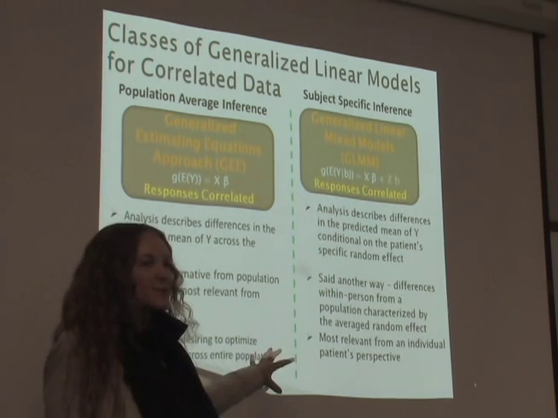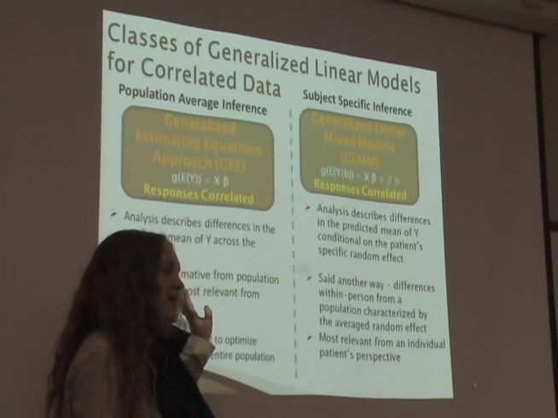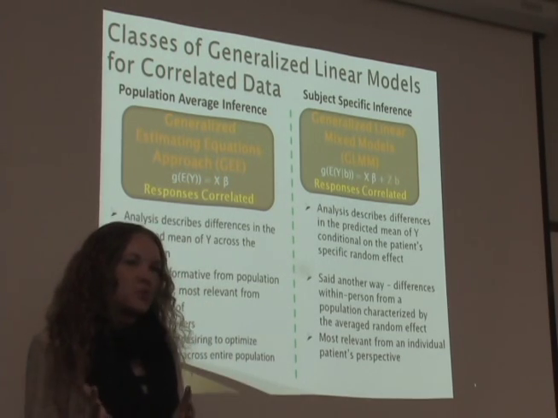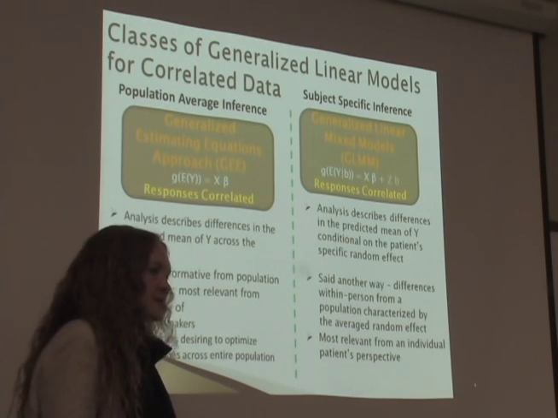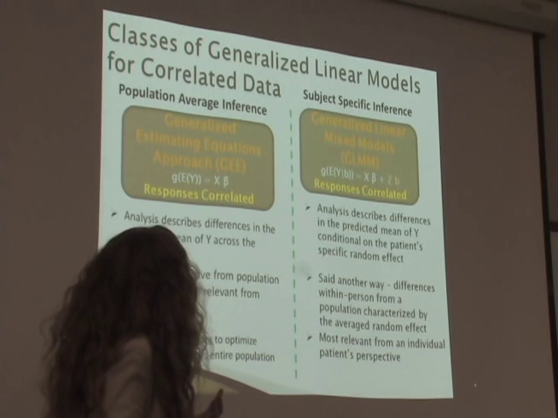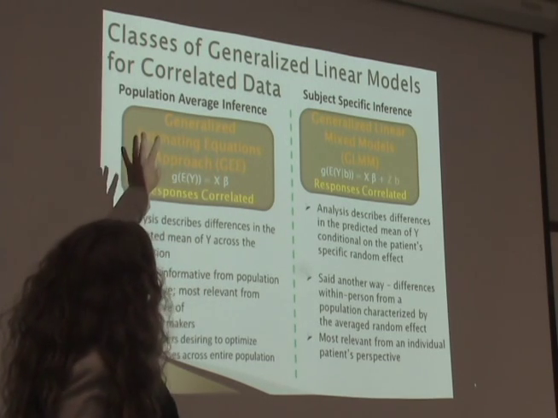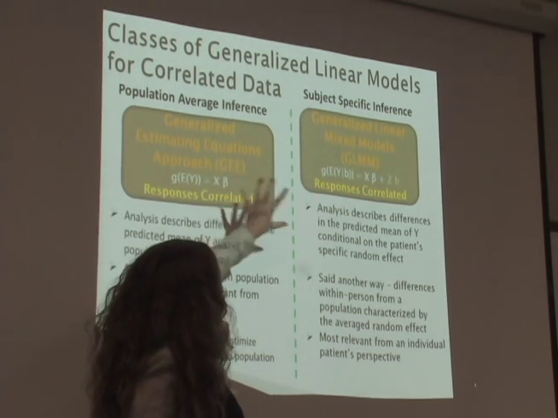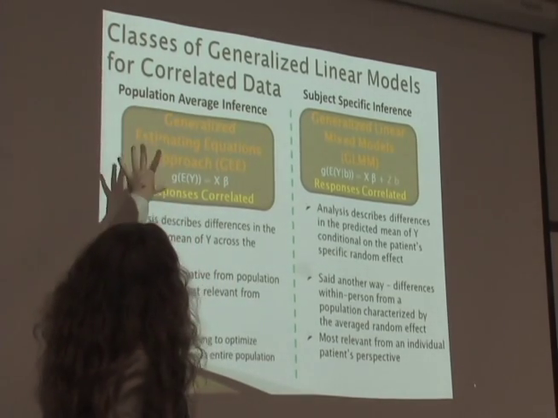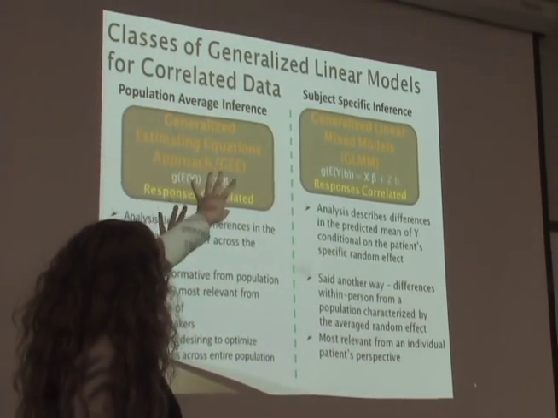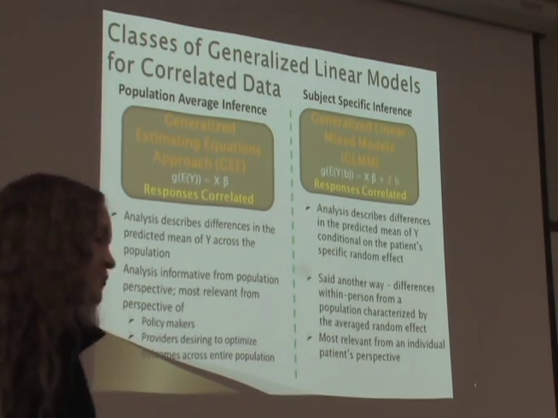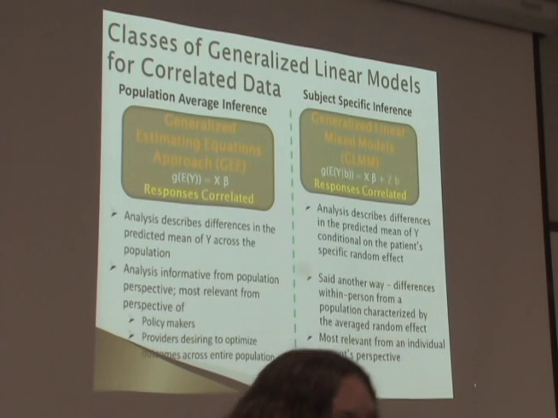And I've wrestled with this, so if anyone wants to add on how they discriminate the interpretation of the two, I would love to hear it, because I feel like I don't totally have a satisfying way of describing it. But in terms of the differences of the inference, we have a subtle difference. With GEE, it's a population average inference, and what that means is that the analysis describes differences in predicted mean y-scores across the population.